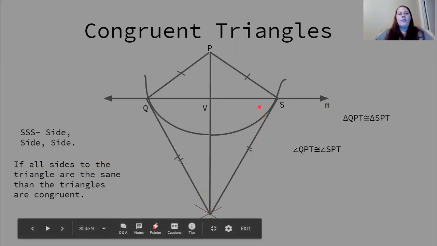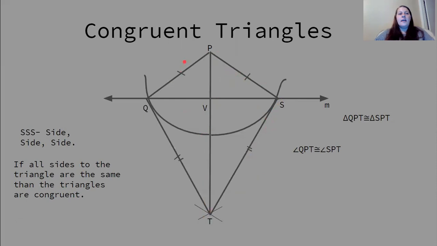Now what we know before is that these sides are already the same length. This side, line PT and PQ and PS are the same length. So we already know that the angles are going to be the same as well. Because if the lines are the same, the angles are going to be the same. So those angles are congruent.